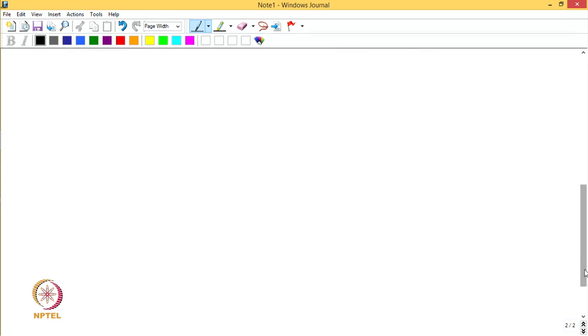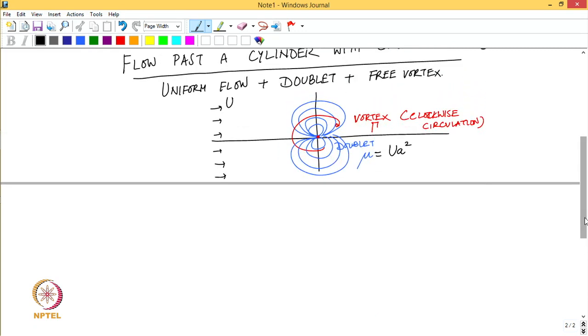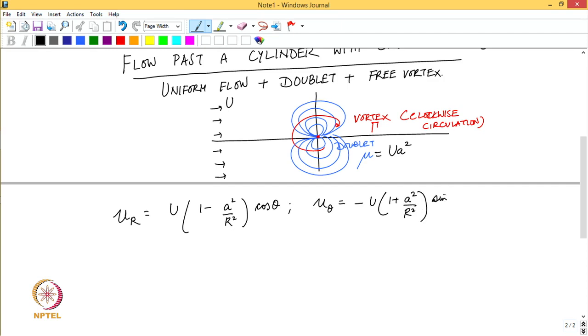For this flow, we found that the velocity component u_r comes out as U(1 minus a square by r square) cosine theta, and u_theta is minus U(1 plus a square by r square) sin theta minus gamma by 2 pi r. Okay, these were the velocity components.